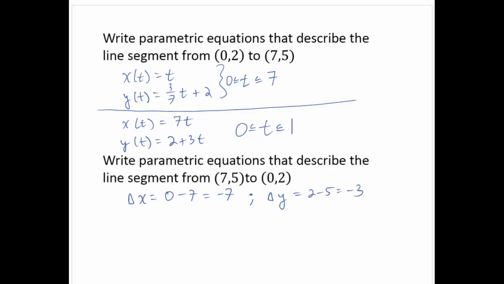So I'm going to use that second idea, and I can say then that x of t is 7 plus delta x t, so minus 7t. And y of t is 5 minus 3t. And I'll have the parameter go from 0 to 1.